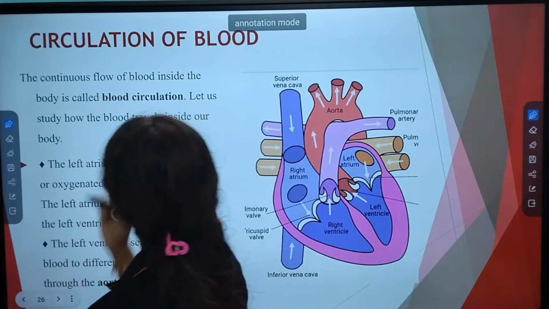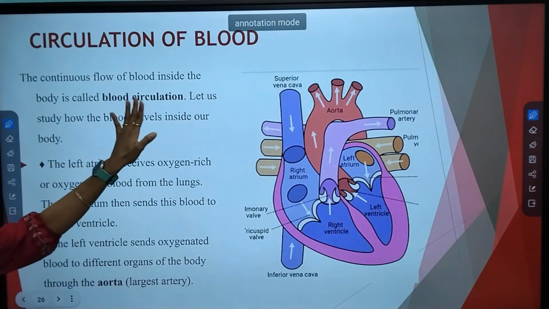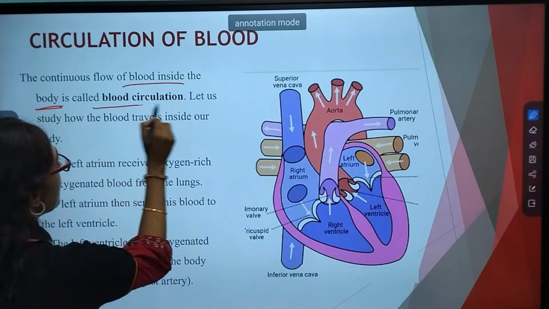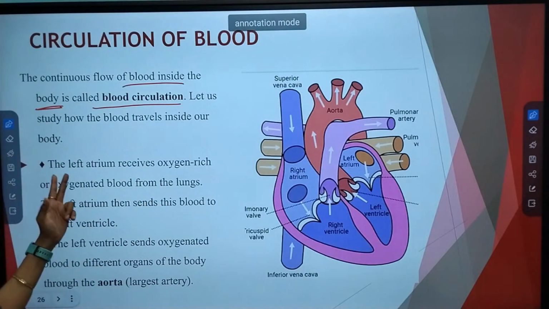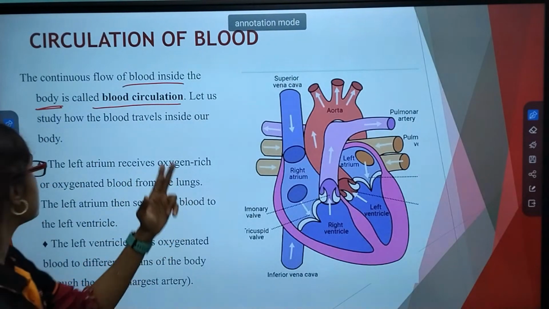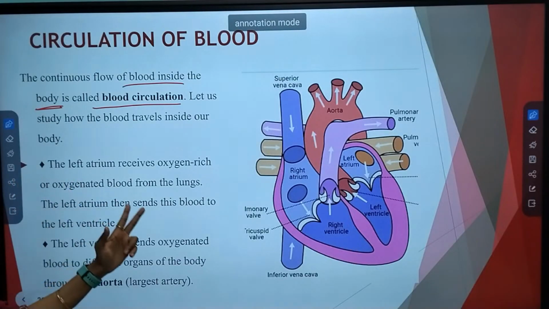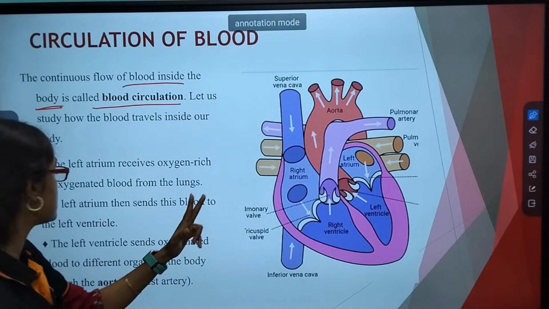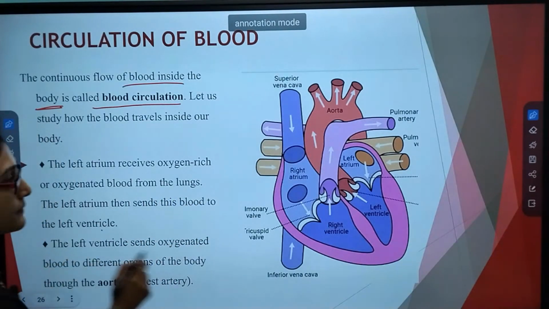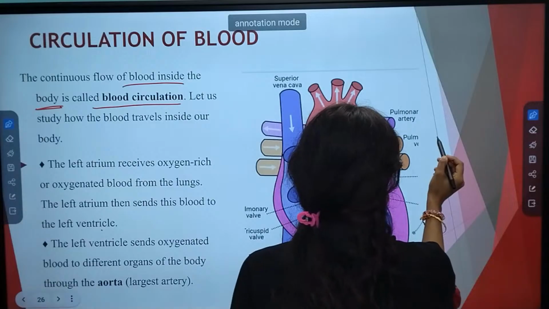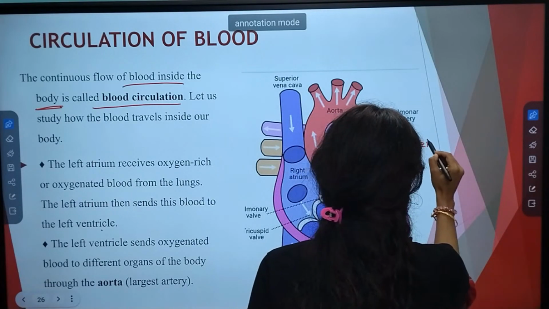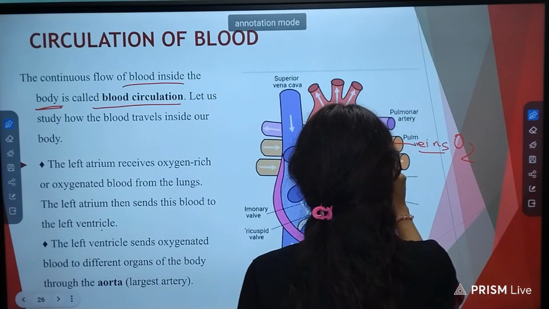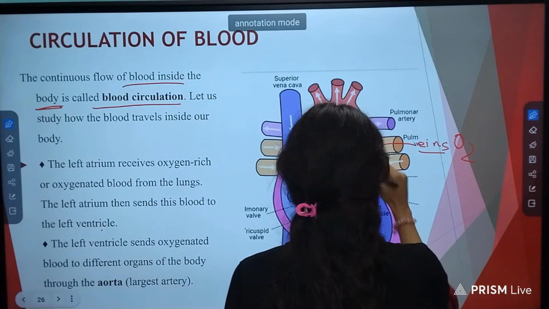Now see, what is blood circulation? The continuous flow of blood inside the body is known as blood circulation. The left atrium receives oxygen-rich or oxygenated blood from the lungs, right? See, these are the pulmonary veins which carry oxygenated blood. From here, the blood goes to the left atrium.